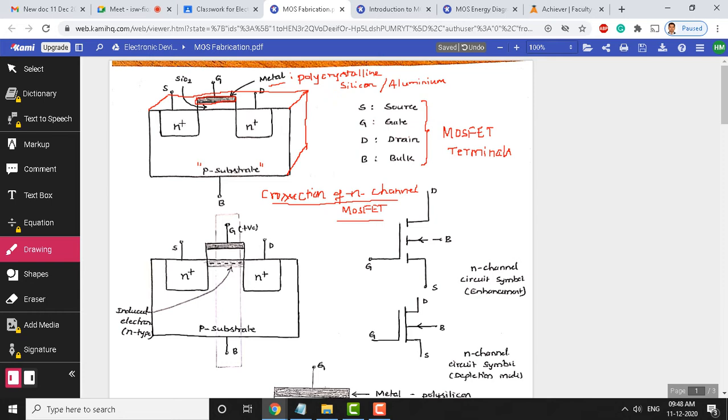It should be p plus. So, if you replace this n plus with p plus, this n plus with p plus, and the substrate is of n type, okay, then this becomes a p channel MOSFET. That is the only change you are supposed to make.